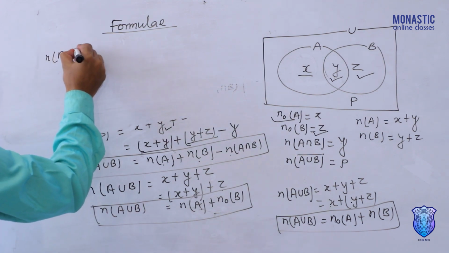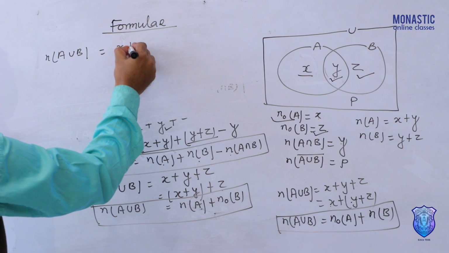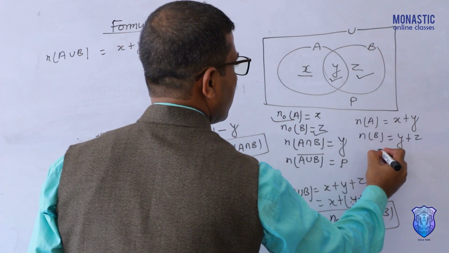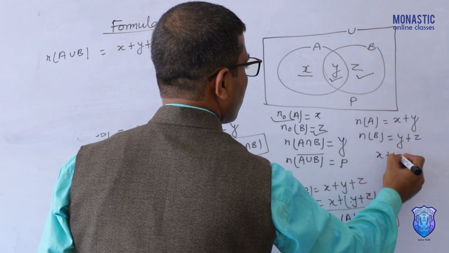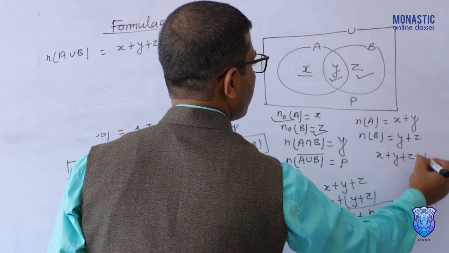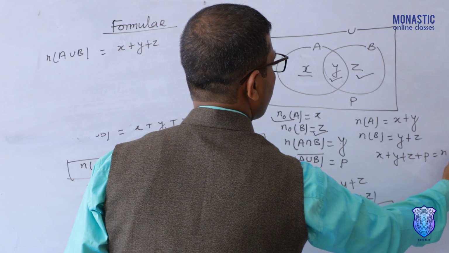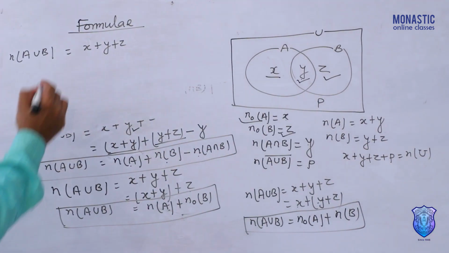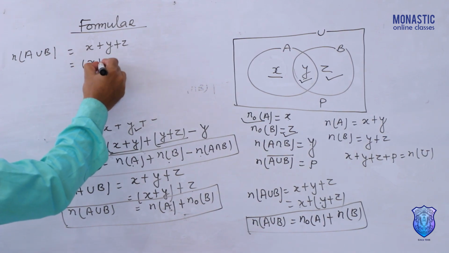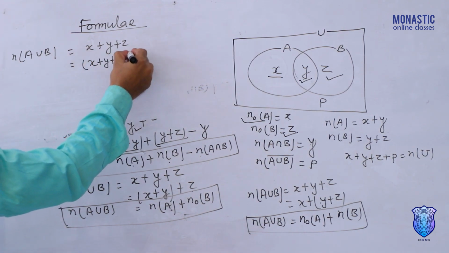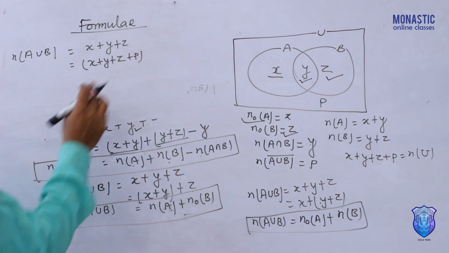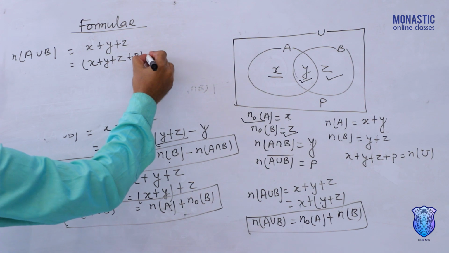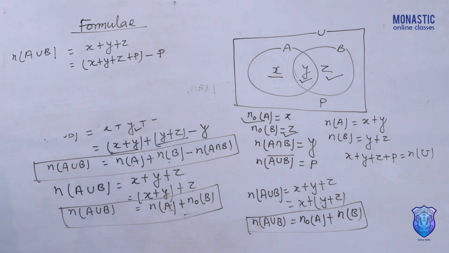Again, here you have x plus y plus z. In this figure, x plus y plus z plus p represents the number of universal. This whole is the number of universal. If I write x plus y plus z plus p, here p came in plus, but here it is not, so it will be minus p.